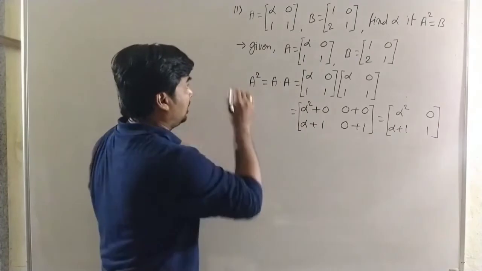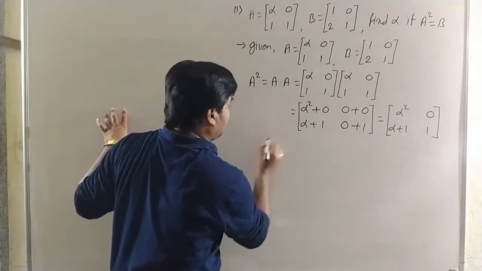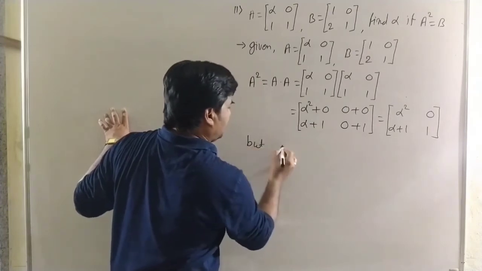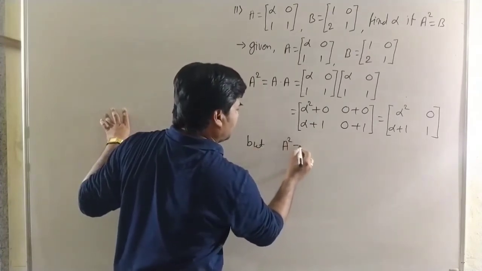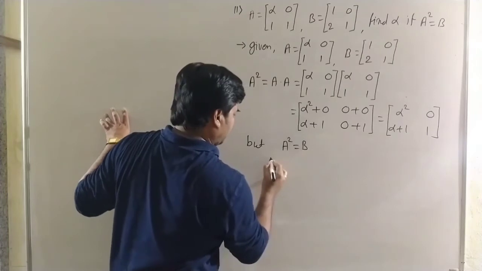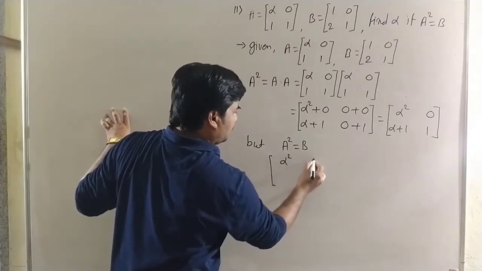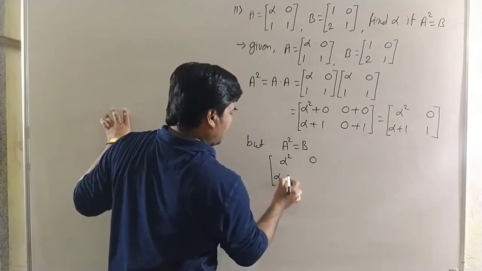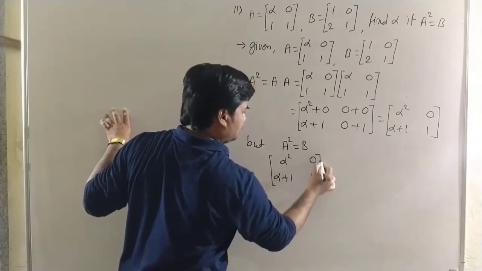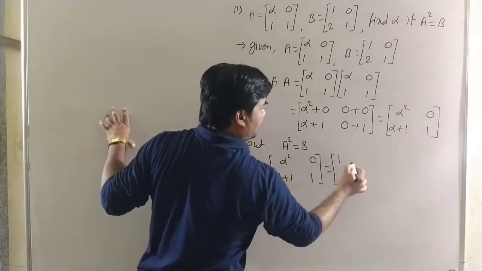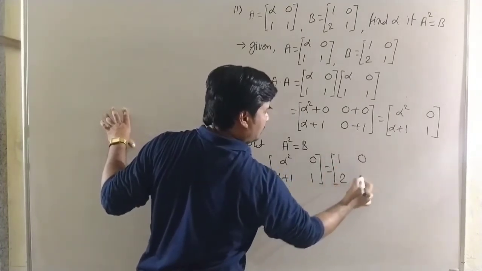Okay, but it is also given that A square is equal to B. Then [alpha square 0; alpha plus 1 1] is equal to B, [1 0; 2 1].